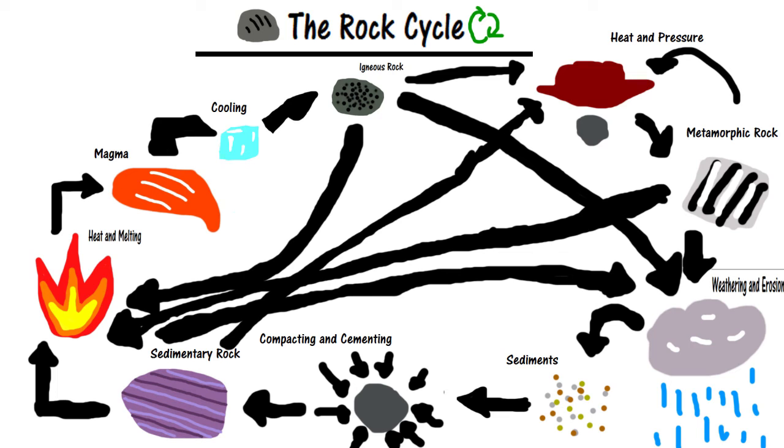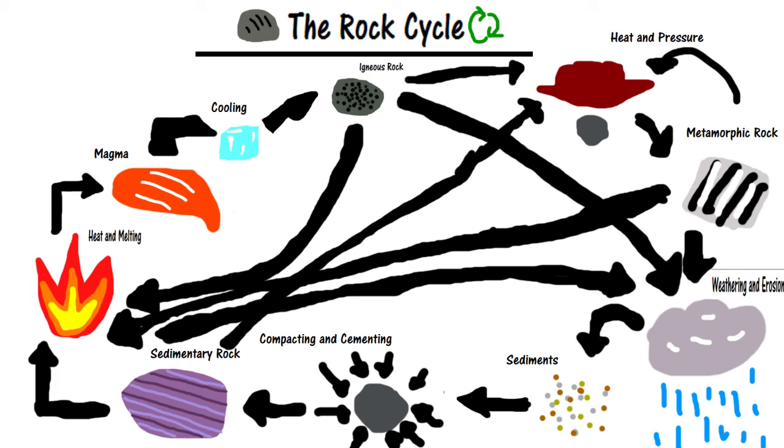Or it might have gone to heat and melting and turned into a different kind of igneous rock. And that metamorphic rock might not have just weathered, it might have gone to heat and melting and become an igneous rock. Or it could have gone back in the cycle to heat and pressure and become a different kind of metamorphic rock, like a double metamorphic rock.